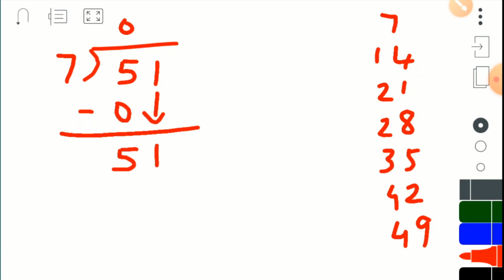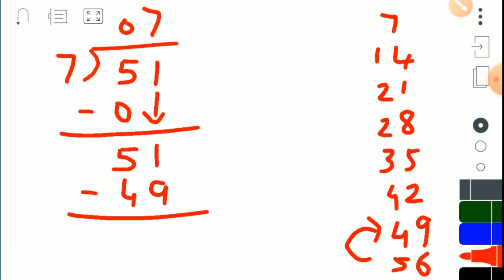Now look for 51. 51 is not there in the table. Here we have 7 sevens are 49 and 7 eights are 56. So 51 will come between these two. Yes. Now we will take the smaller number 49. How many times? 7 sevens are 49.